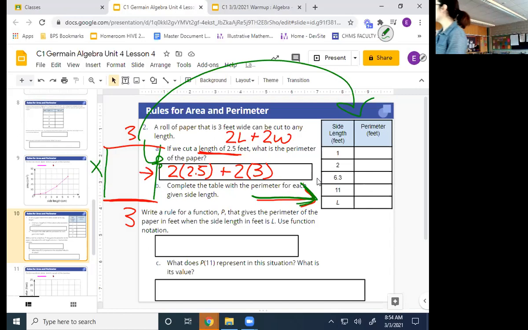Very good, Peyton. It's going to get me 5. And then I need to add to that 2 times 3. Yes, that's going to be your total. 2 times 3 is 6. So it's going to have a total perimeter of 11 feet.